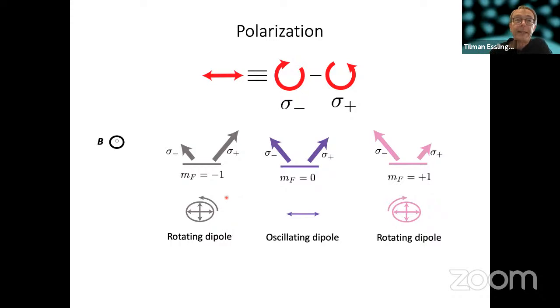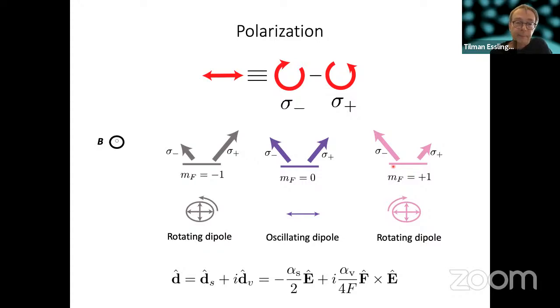Then we will see that the coupling to sigma minus and sigma plus is identical only for mF=0, and then you could get an oscillating dipole which will not scatter into the cavity. It's different, however, for the mF=-1 and mF=+1 states. Those will give rotating dipoles, and they will also give a phase shift in time phase of the light field. You can also look at it as a scalar dipole moment plus a vectorial component.